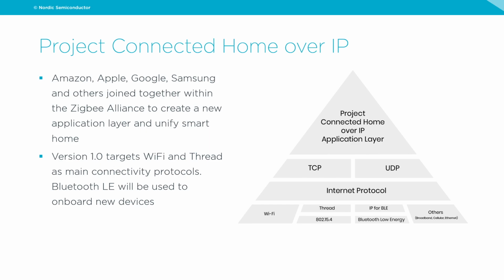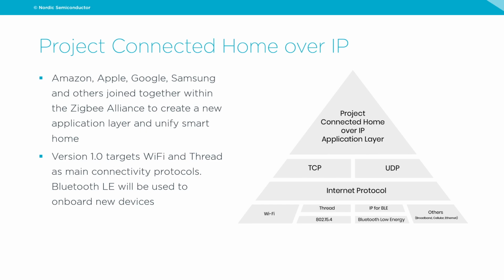The project involves engineers from Amazon, Apple, Google, Samsung, and over 150 other companies collaborating together to make it easier for device manufacturers to build devices that are compatible with smart home and voice services such as Amazon's Alexa, Apple's Siri, Google's Assistant, and others. Project CHIP is a temporary name for the project, not the final name for the protocol. A name for the protocol will be announced later this year.